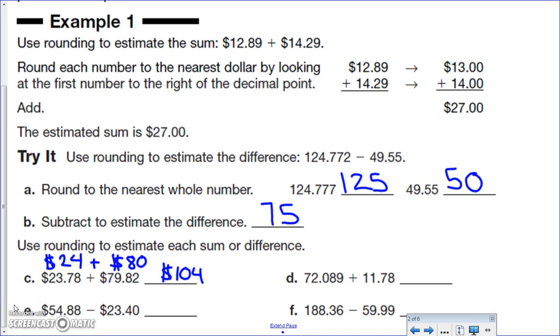For D, we're going to round 72 and 89 thousandths to 72. Then we're going to round 11 and 78 hundredths to 12. Now we're going to add them. 72 plus 12 is 84.